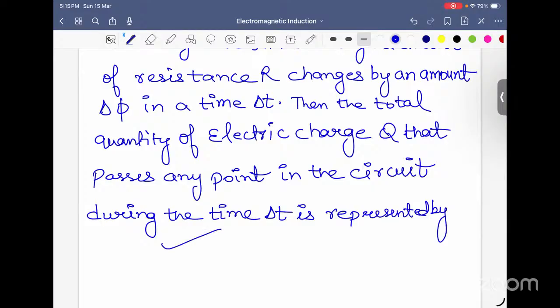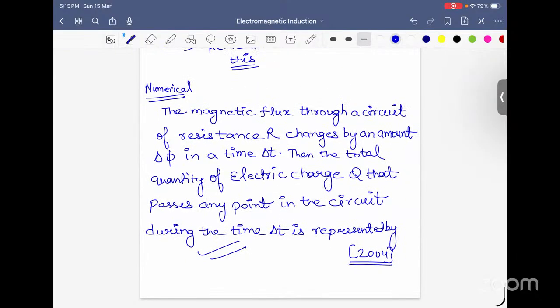We need to find the representation of this. This question was given in 2004. Let's solve it.